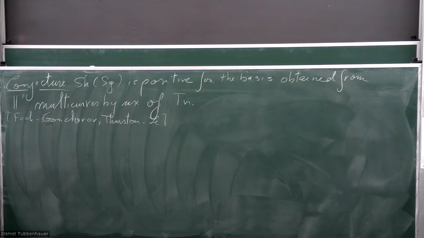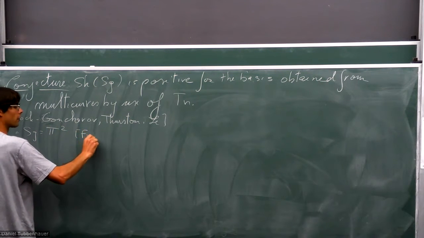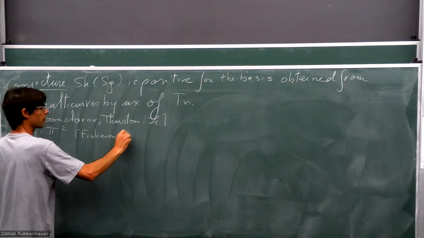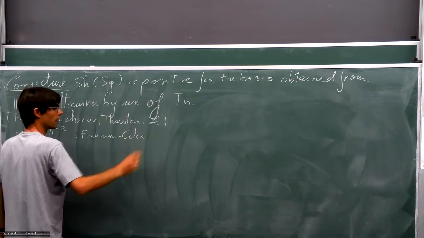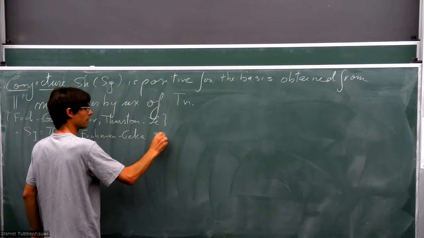In terms of proofs, the case where SD is the torus goes back to Frohman and Gelca in 1999.